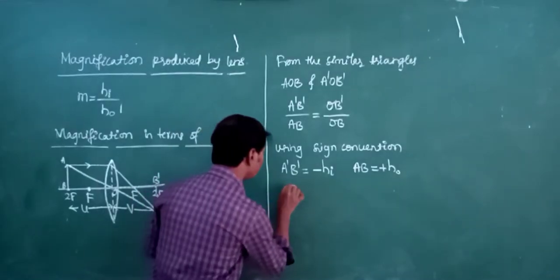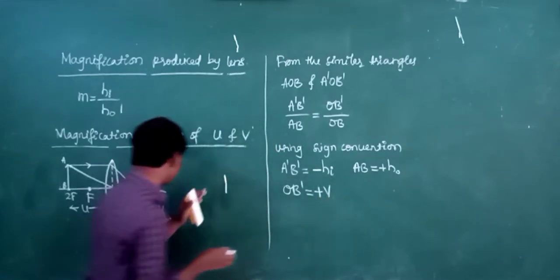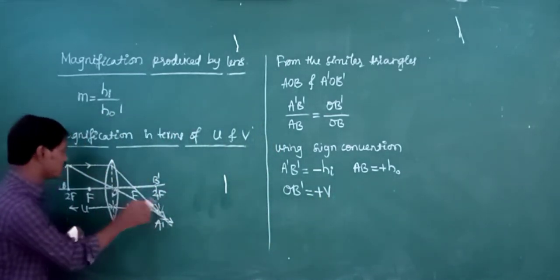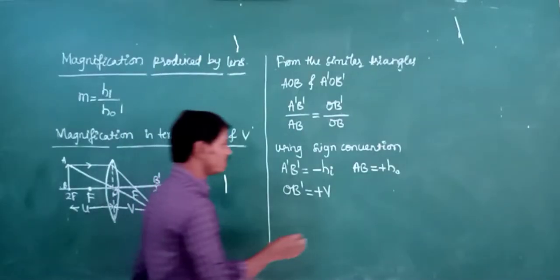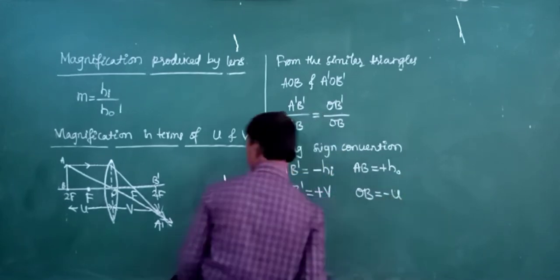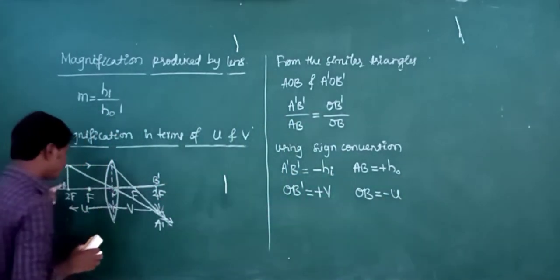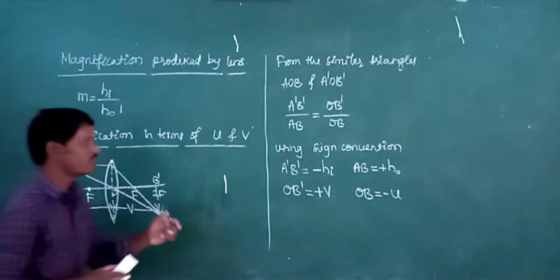That is why OB' is nothing but plus V, because the image distance is measured in the direction of incident light. That is why it is taken as positive. And what about OB? OB is minus U because the distance is measured from the optical center in the opposite direction of incident light. That is why it is negative, minus U.